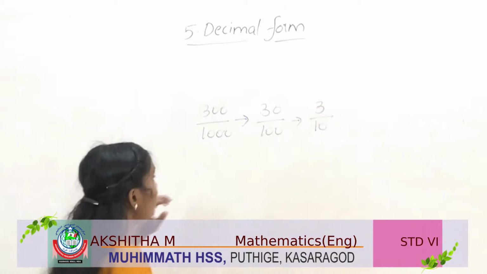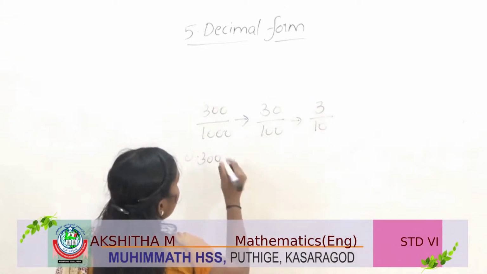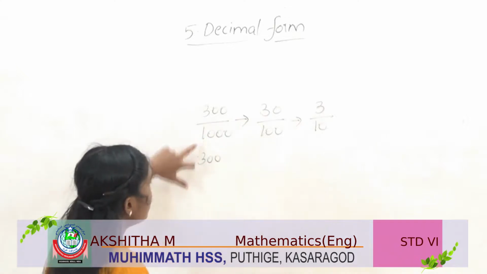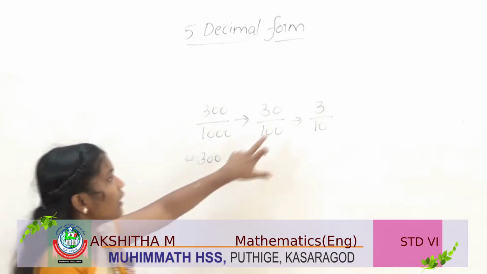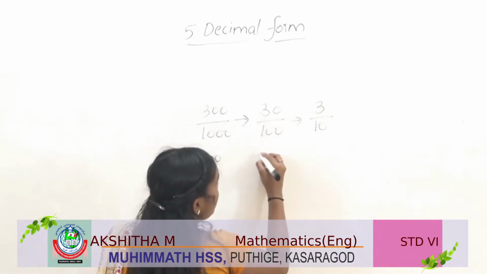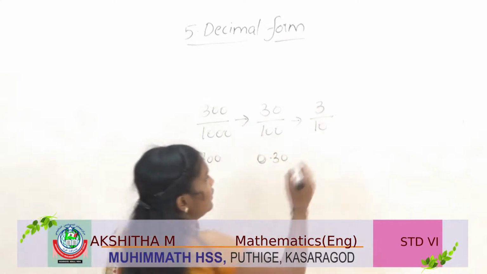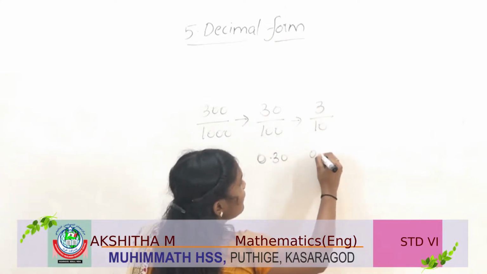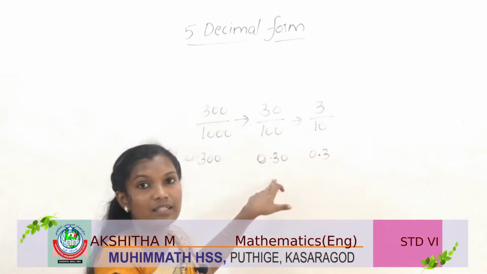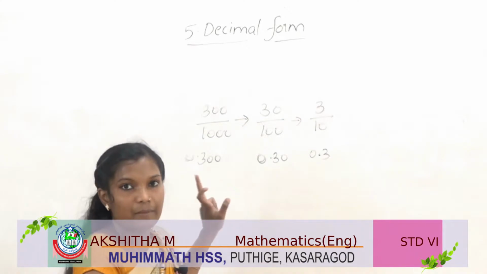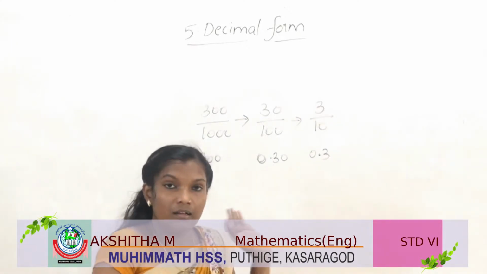Its decimal forms: first one 0.300, the next one 0.30, and the next one, 3 by 10, 0.3. But the value of these decimal forms is the same. Is it clear now?